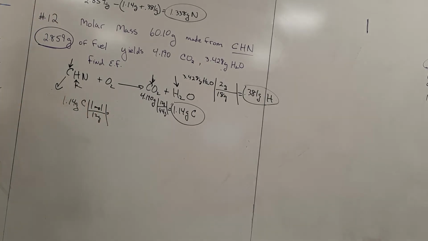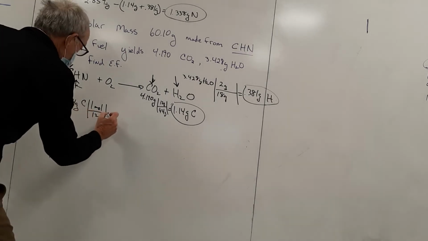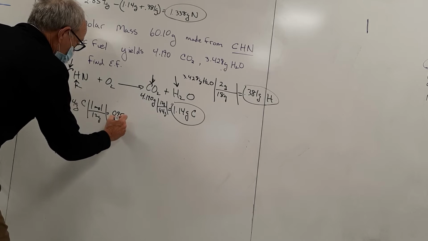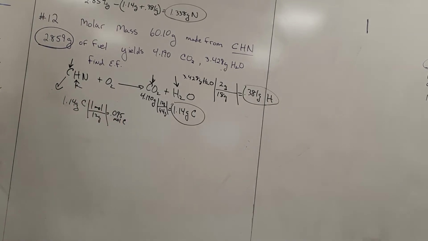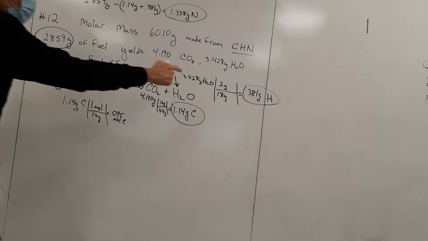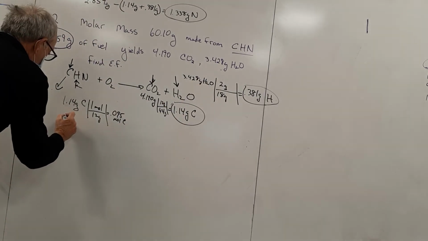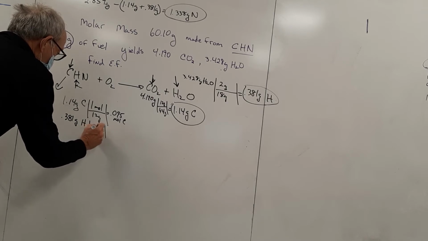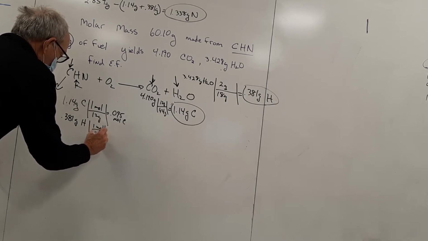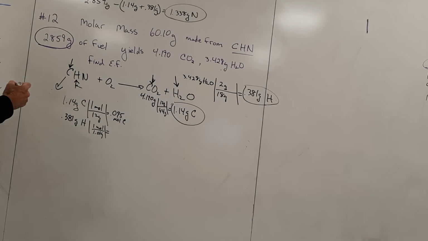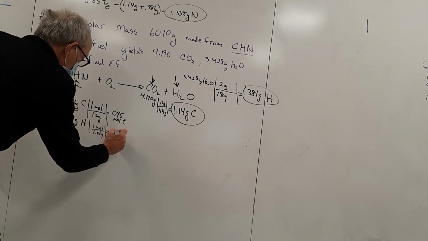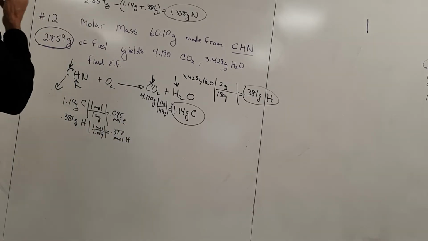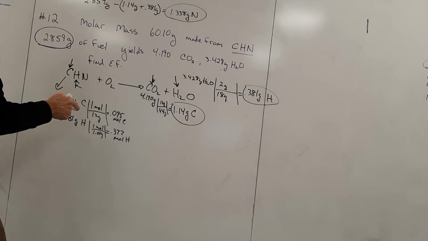That gives me 0.95 moles carbon. 0.381 grams of hydrogen. 1 mole, 1.01 gram gives me 0.377 moles of hydrogen.